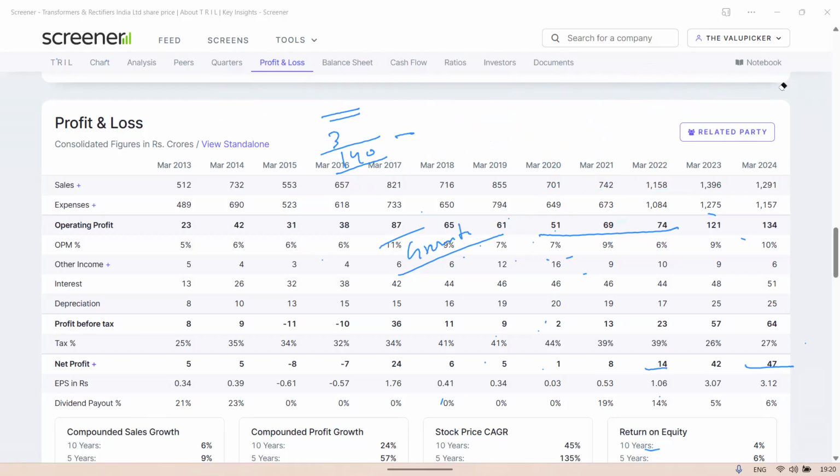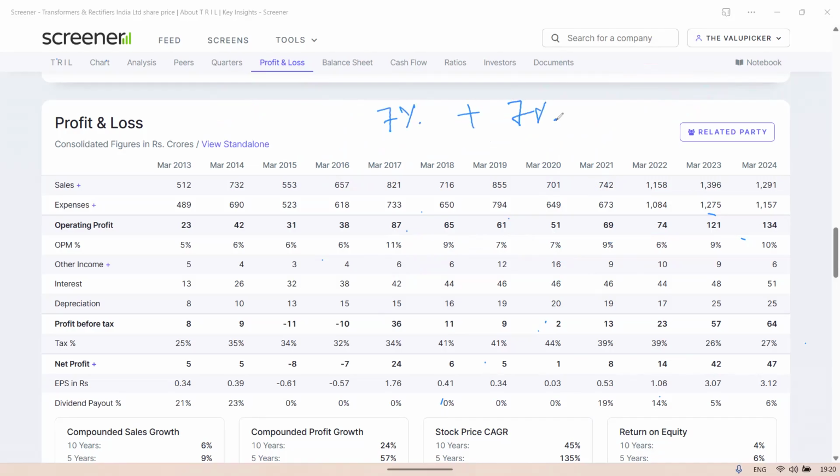Our focus should be understanding a business, understanding promoter quality, all these things, not looking only at numbers. We need to keep in mind that if our country is growing at 7%, inflation at 7%, at least I select a company which is growing at 15% top line growth. Clear?